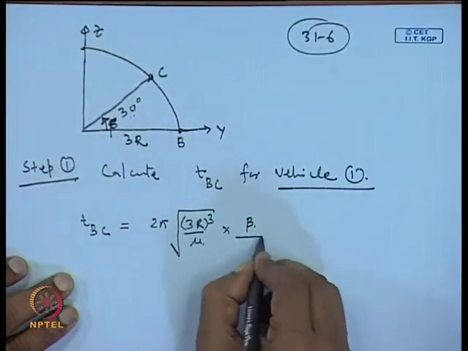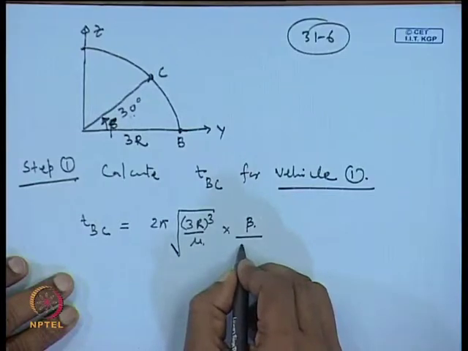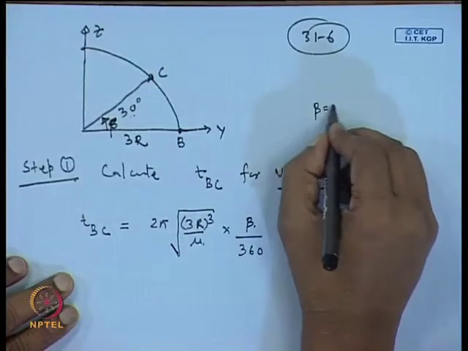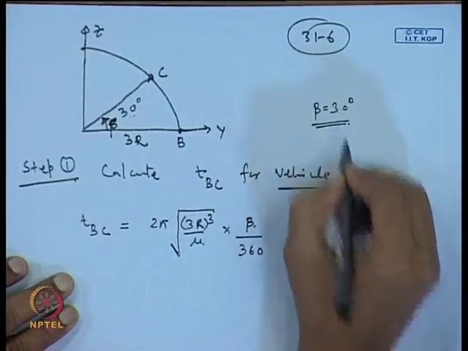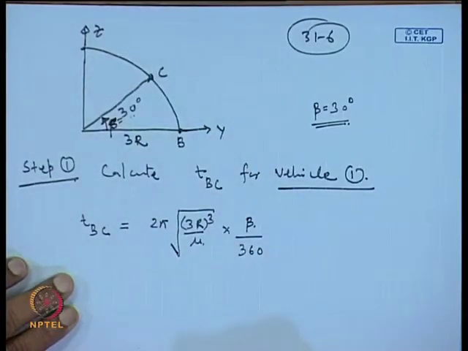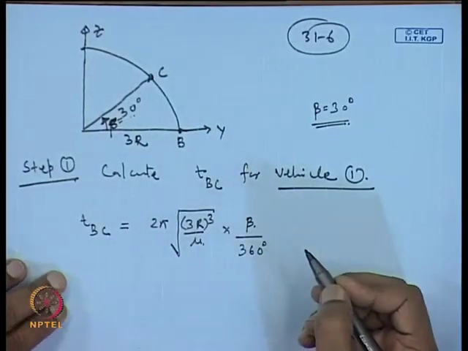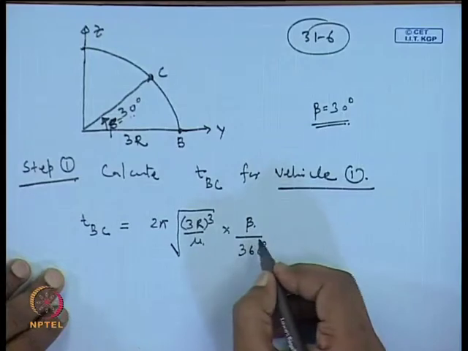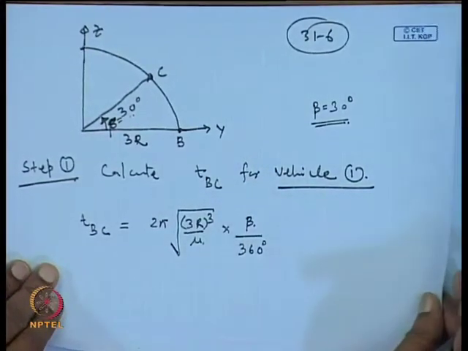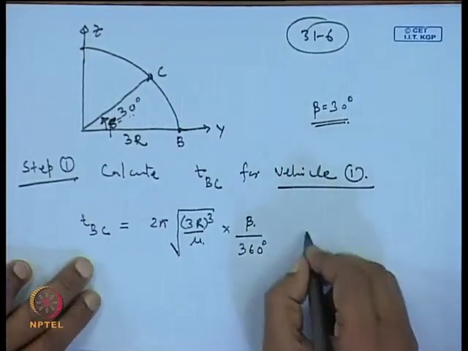So, this will be beta divided by 360 degrees, where beta is in degrees. So, beta equal to 30 degrees. This gives you the time of transfer from B to C in the circular orbit.